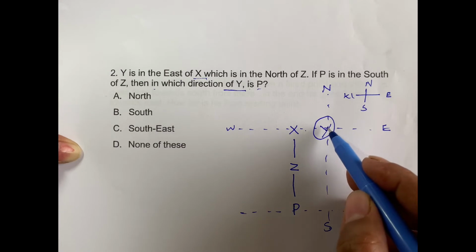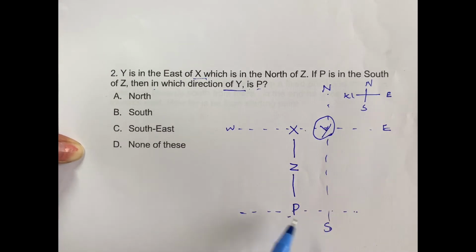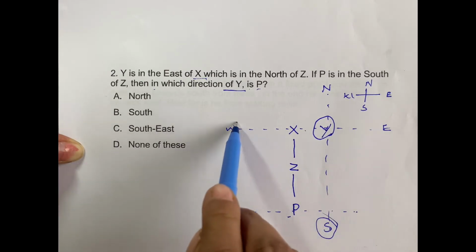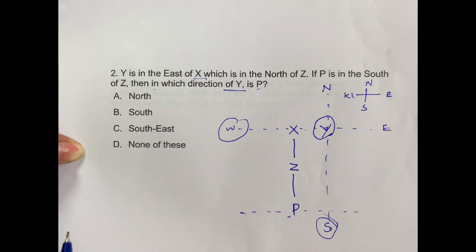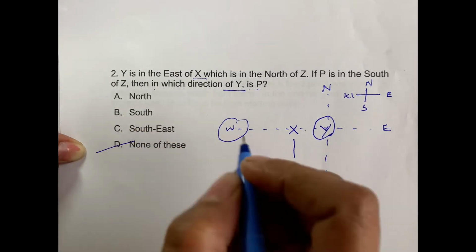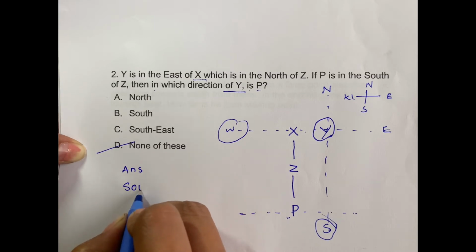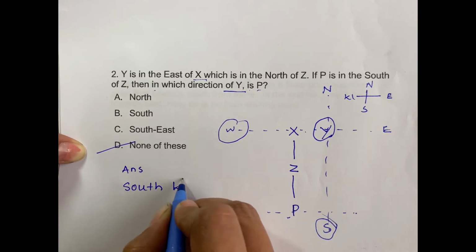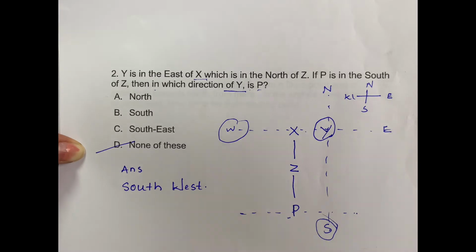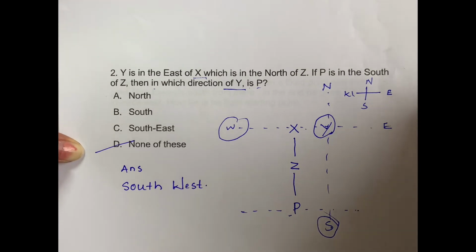So if you see here, P is here, so definitely it should be southwest. Do we have southwest in the options? No, we don't have southwest in the options. So the answer is none of the above. But what is the answer? The answer is southwest. Okay. Moving on to the next question.